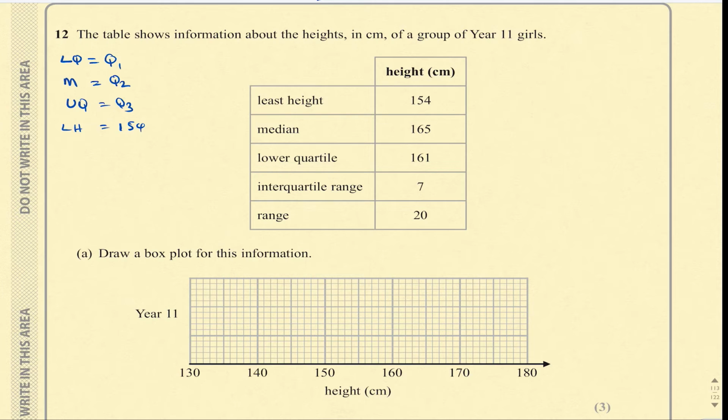We need the highest height, which wasn't given. We're given the range, which is 20, and the interquartile range, which is 7.